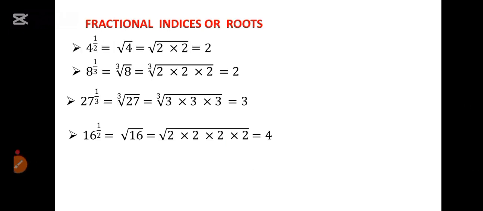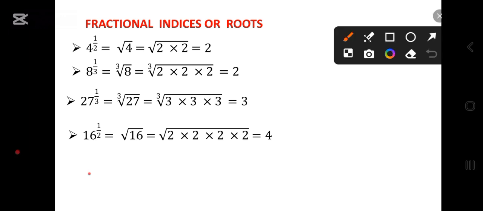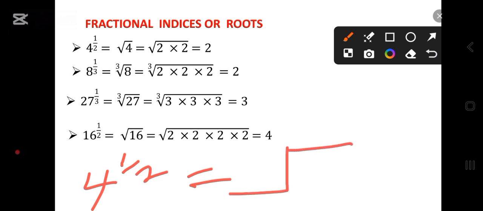The law of fractional indices or roots. This law says that when a number is raised to a fractional power, the denominator of that fraction becomes the root of that number, while the numerator becomes the power of that number.